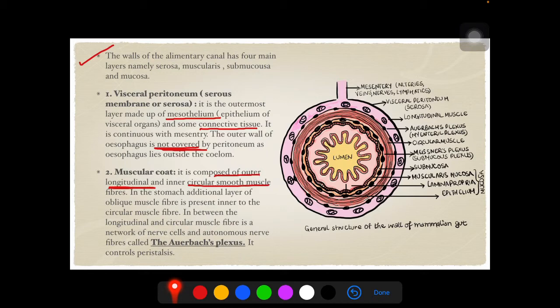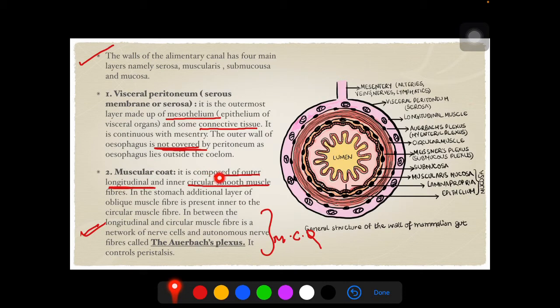In the stomach, an additional layer of oblique muscle fibers is present inner to the circular muscle fibers. So in the stomach, we have one additional layer of oblique muscle fibers in addition to the longitudinal and circular smooth muscle fibers. In between the longitudinal and circular muscle fibers is a network of nerve cells. This is very, very important from the MCQ point of view.